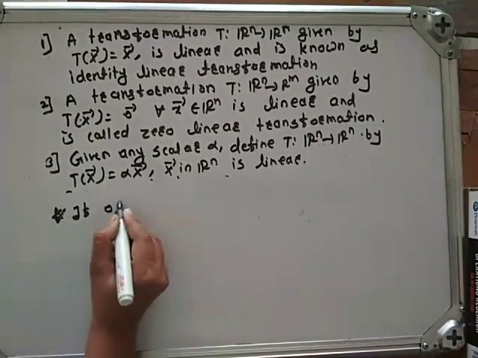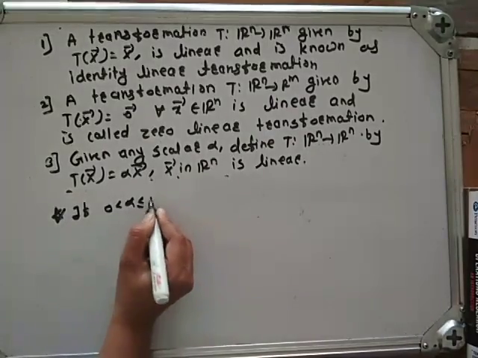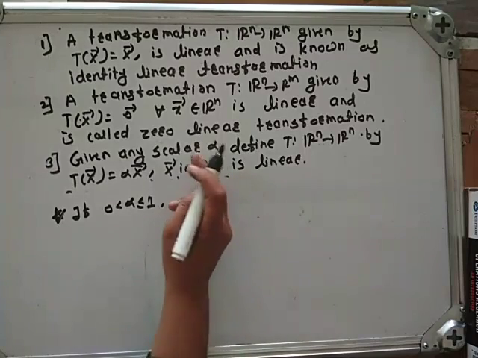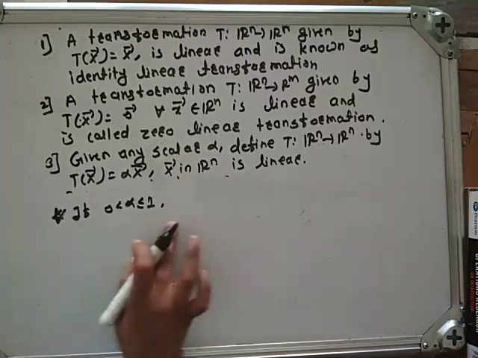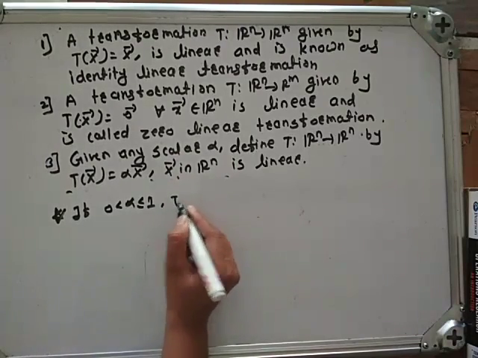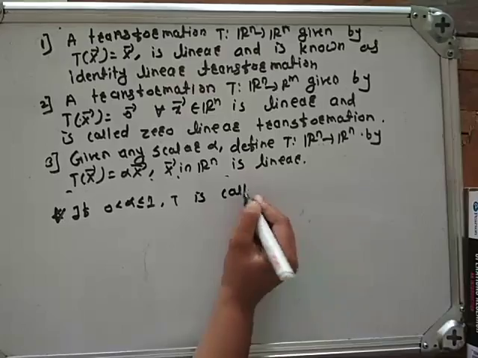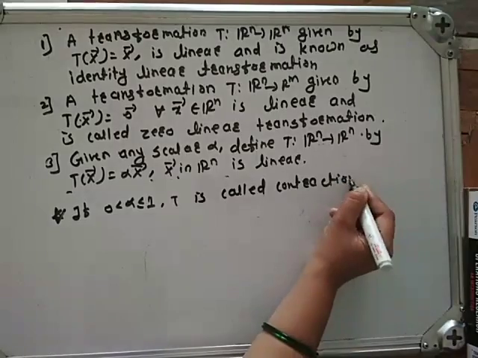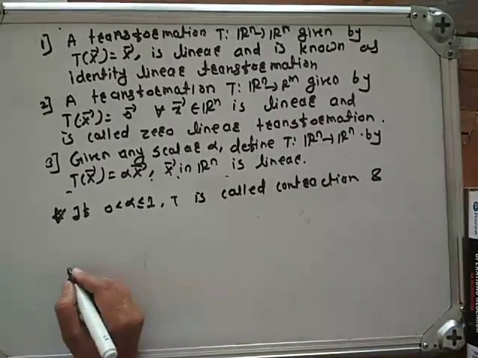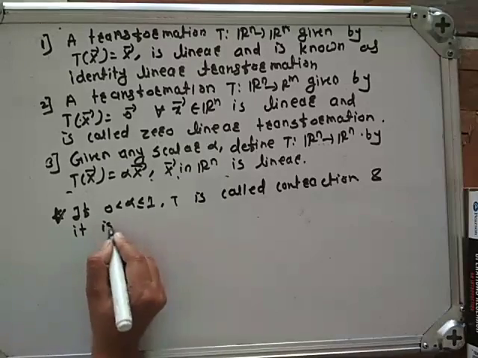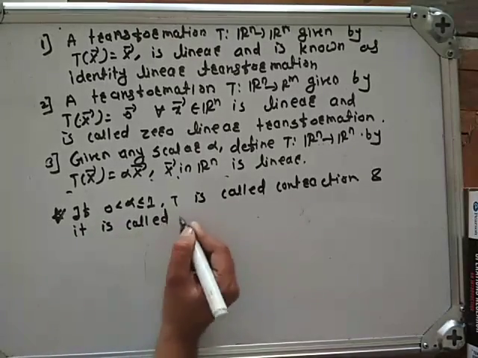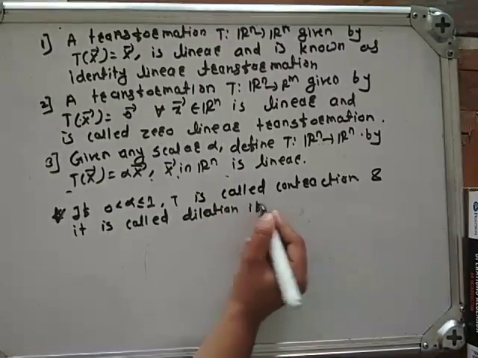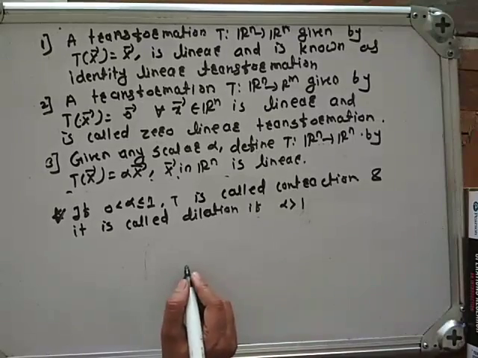If 0 is strictly less than alpha is less than or equal to 1, in this example T is called contraction, and it is called dilation if alpha is greater than 1.